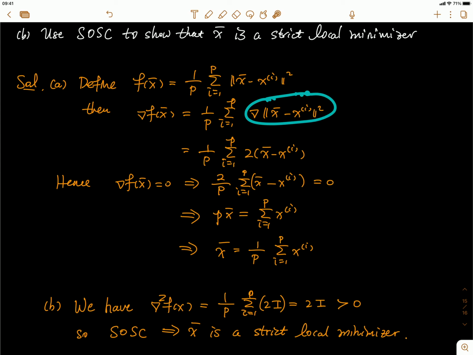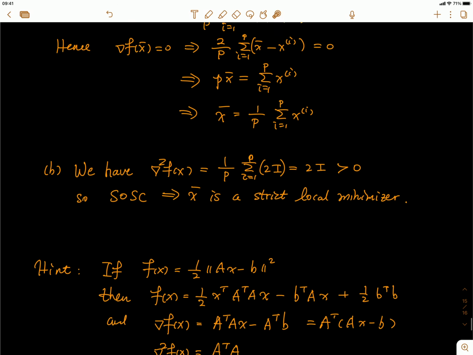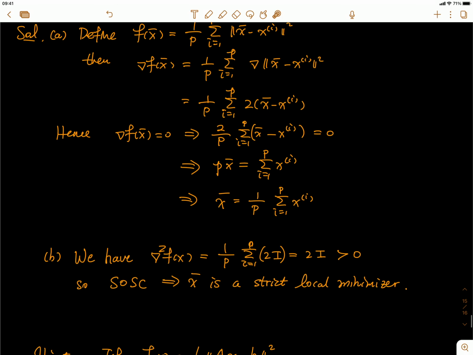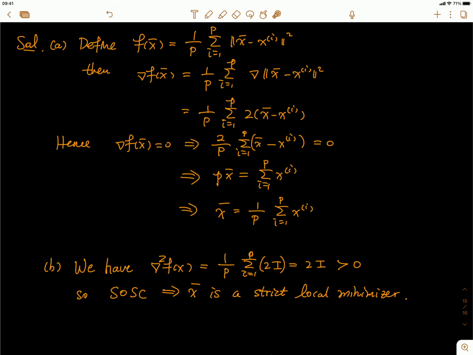Taking the Hessian of that, we just get 2 times I. As we said at the beginning, the gradient would be just I, but we didn't have 1/2, so when we take the Hessian we get a 2I. Each term gives us a 2I. So take the sum of p terms and divide by p, that's just 2I. But 2I is definitely a positive definite matrix. That's why this x bar must be a strict local minimizer. Okay, so that's how to solve this question.